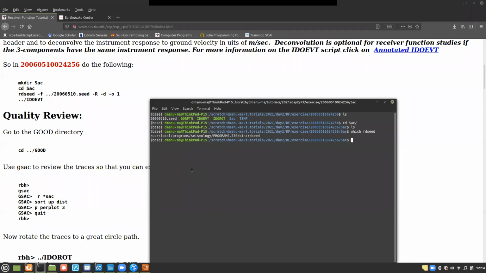SAC is also another way to store the waveform signal. There are also other formats like mini seed and everything. So I'll just go ahead and run this. Okay, there is nothing in here, and only the seed thing. So I will just run this, and then we can see.